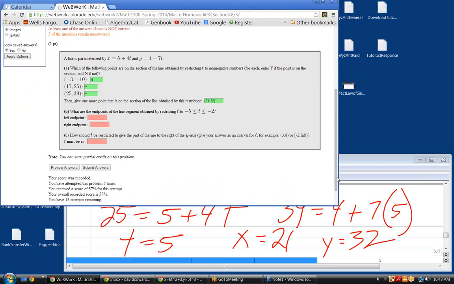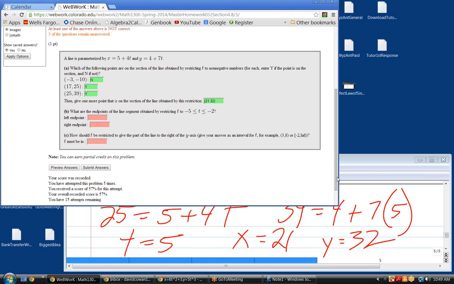Okay, what are the endpoints of the line segment obtained by restricting t to -5 to -2? Well, what are the endpoints of the line segment of t? What are we going to do here? Plug in -5, -2. Or just plug in -5 first. The endpoints are going to come when t is at -5 and t is at -2.